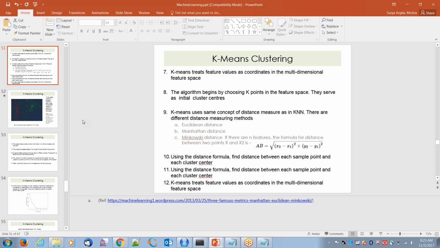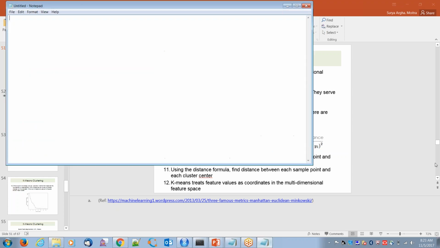Let's try to visualize it. Let's do bottom up, agglomerative.